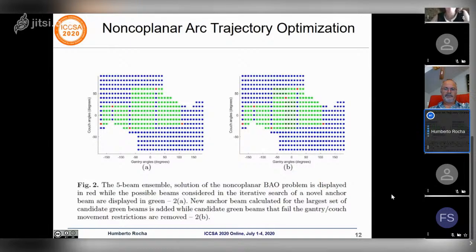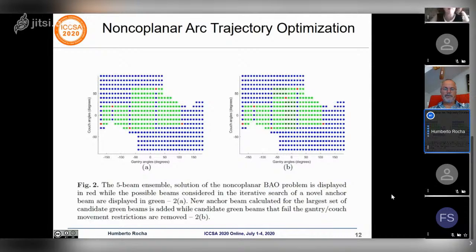I will illustrate the idea of the iterative algorithm resorting to our head and neck cancer example. In the left-hand side, we have the non-coplanar solution obtained in the end of the first step when we consider 5 beam directions, and it corresponds to the red points. The green points are the feasible points to add iteratively when moving from one red point to another from left to right.